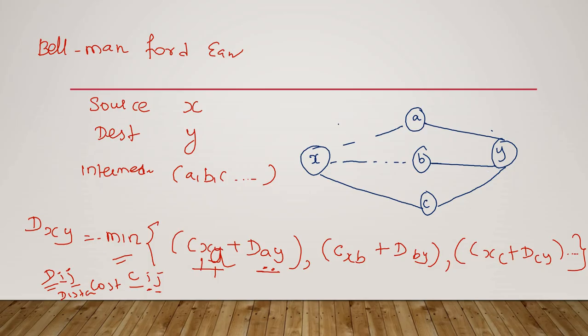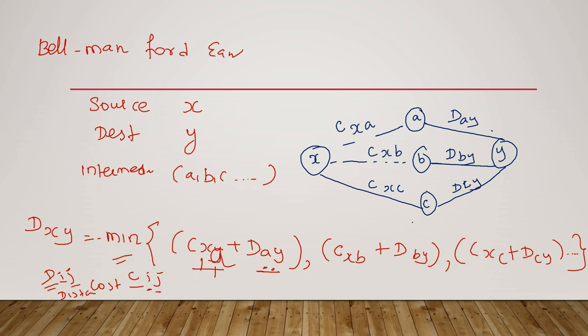We have the cost of x and a plus the distance between a and y. Similarly, the cost between x and b plus the distance between b and y, and the cost of x and c plus the distance between c and y.